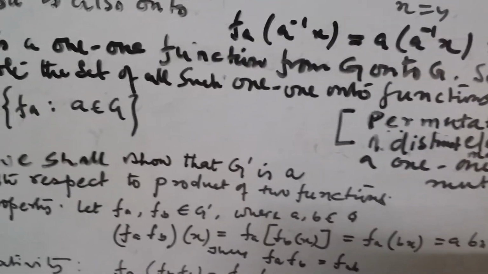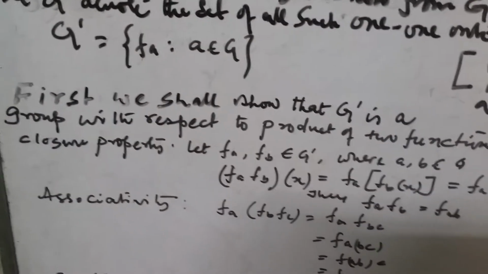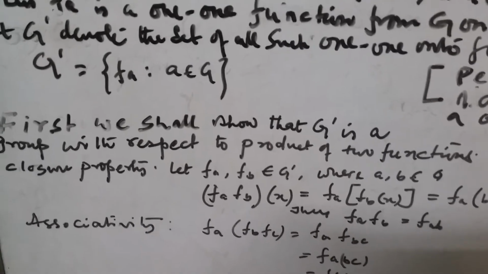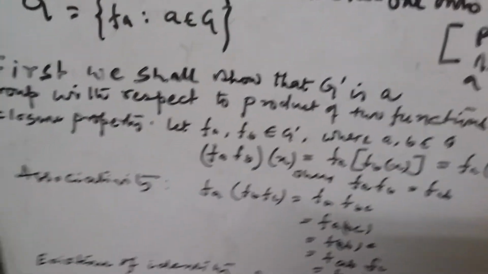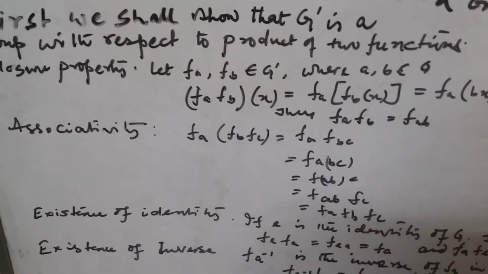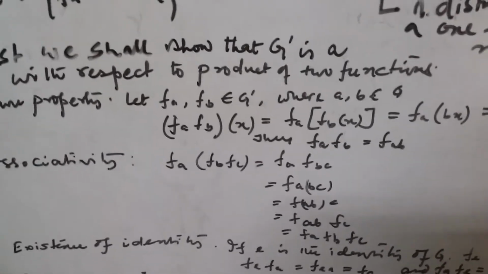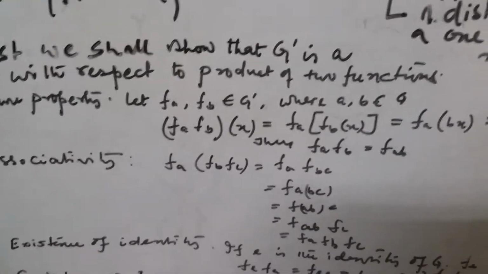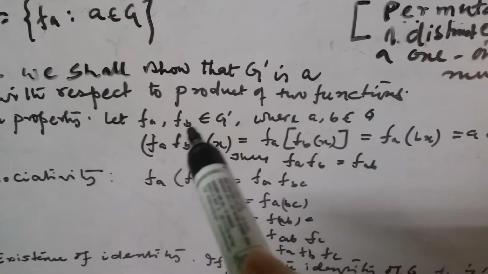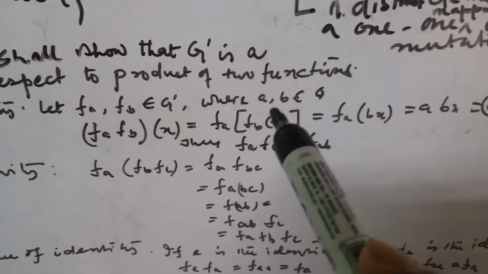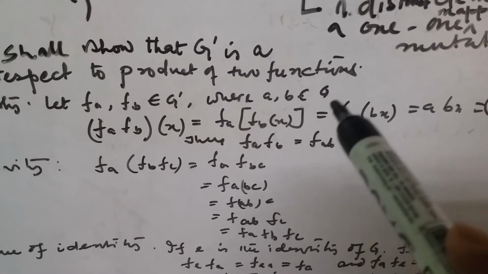For the group properties we check all: closure property, associativity, existence of identity, existence of inverse. f_a f_b belongs to G dash, where a, b belong to G.